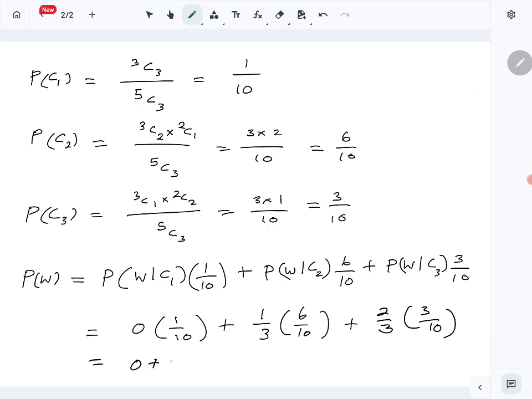So 0, 0, then 6 over 30 plus 6 over 30. This is just going to turn into 12 over 30. That is going to be 6 over 15, or 2 over 5, which is 0.4. Right. So probability of picking a white ball is 0.4.